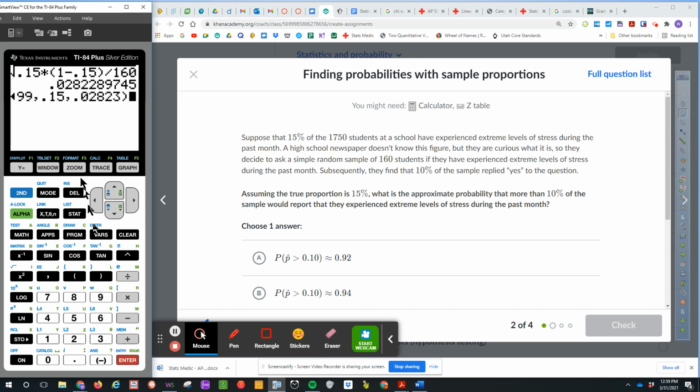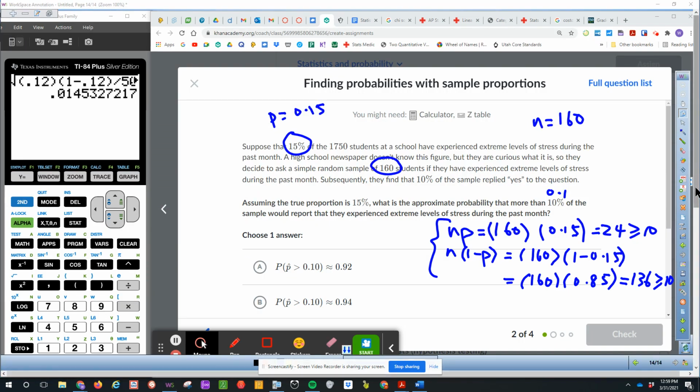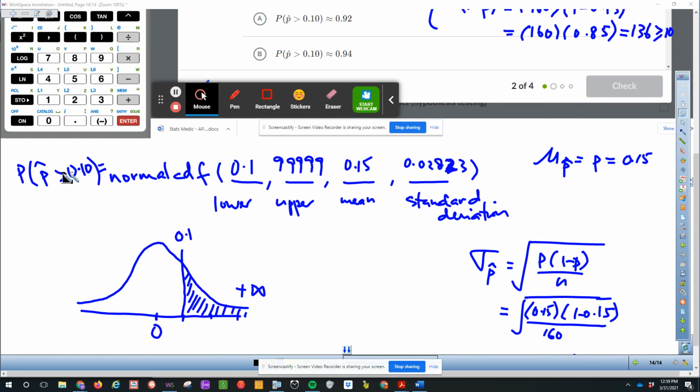All right. So if you're using the app, you should be putting 4 things separated by commas, just like on the calculator. So this is what you should be putting in. You press second vars, you go to normal CDF, you put 0.1 comma 999999 comma 0.15 comma 0.02823.